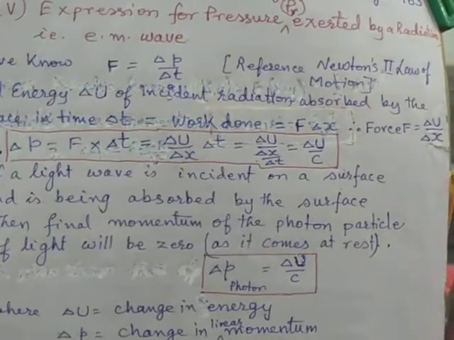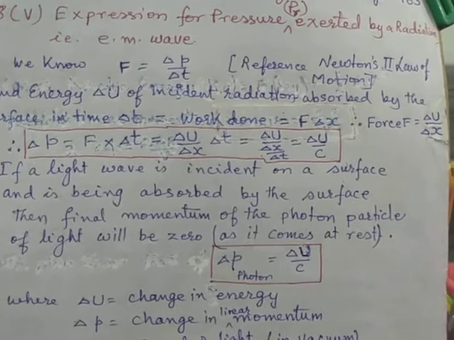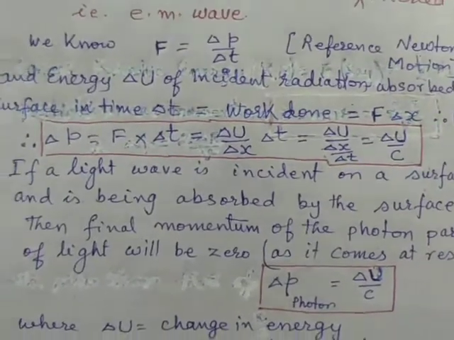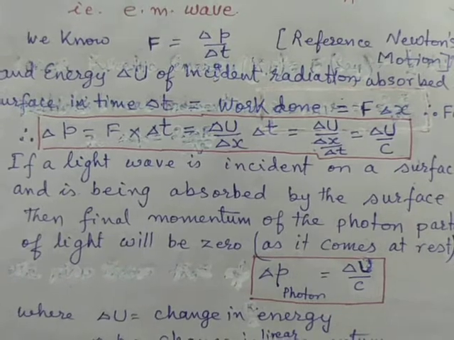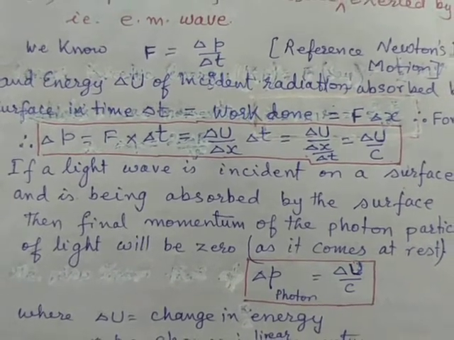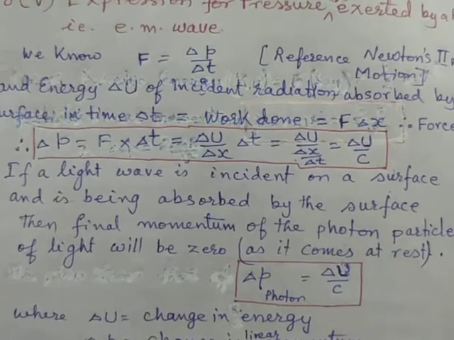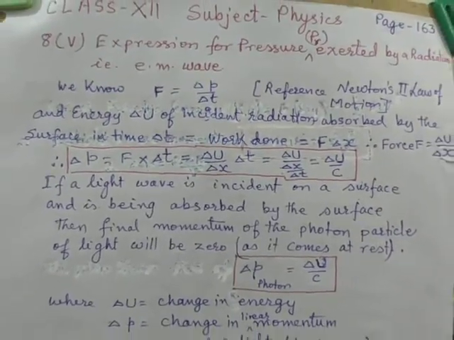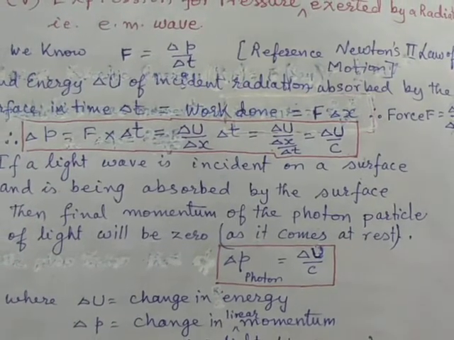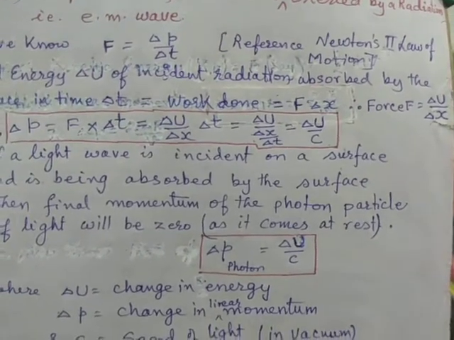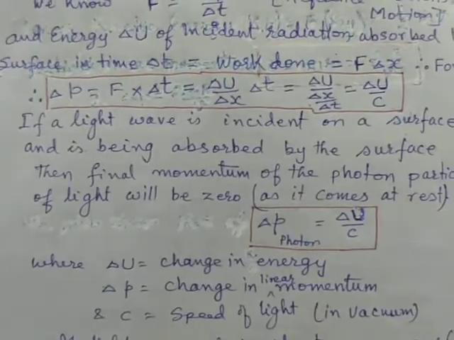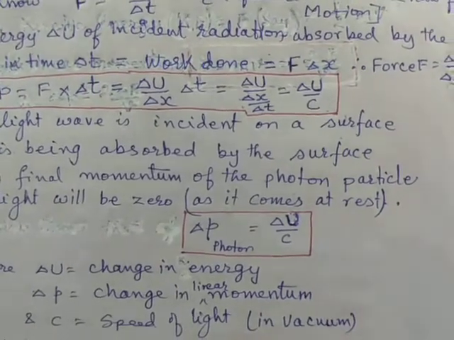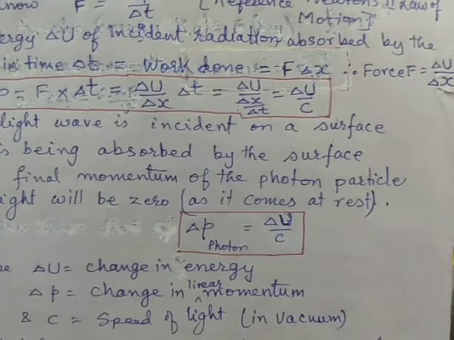You all know that force is defined as the rate of change in momentum according to Newton's second law of motion, and therefore we can have F is equal to delta P by delta T, or delta P is equal to F into delta T. And if we write this expression in terms of energy, if delta U is the energy of the incident radiation which is absorbed by the surface on which light is incident, then that energy must be equal to F into delta X, the work done.